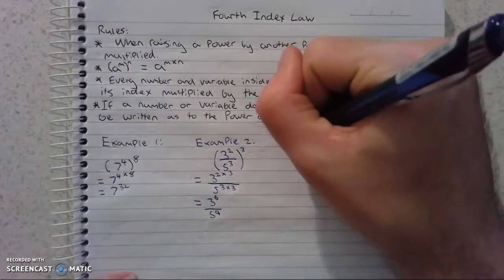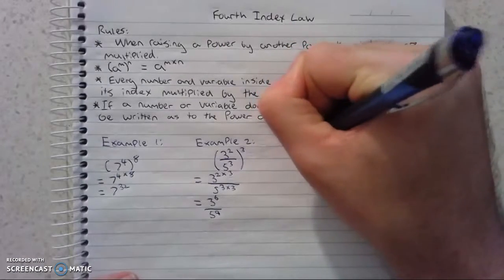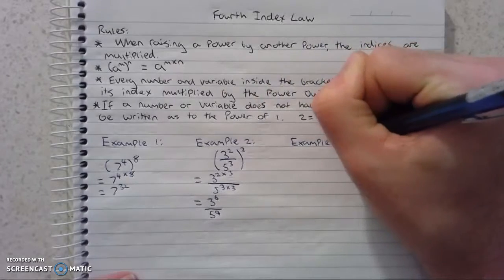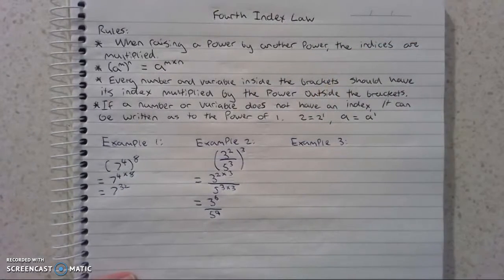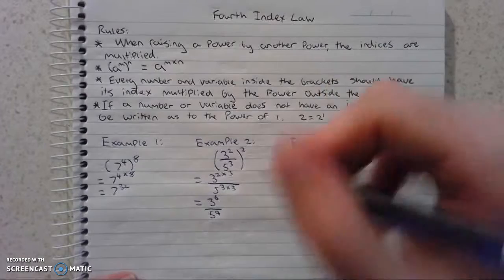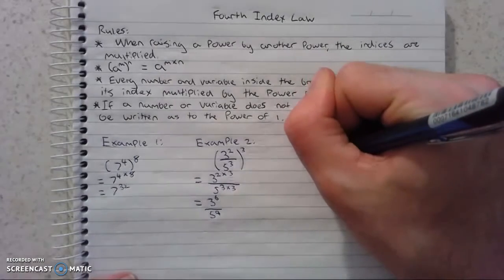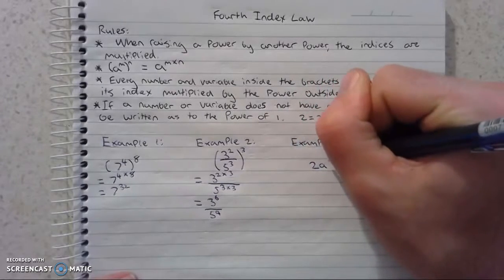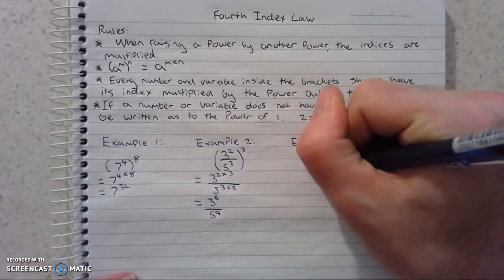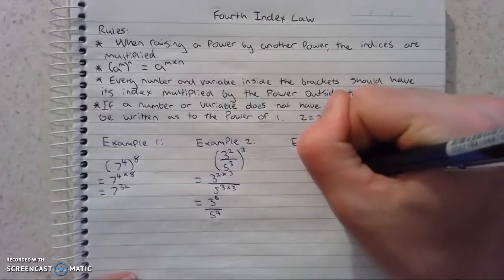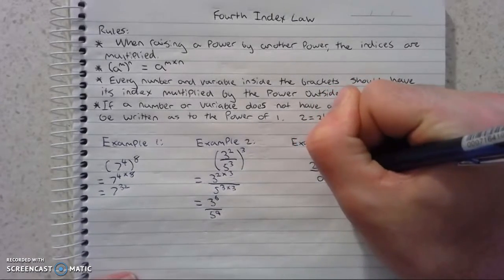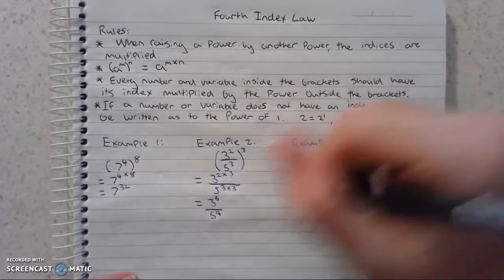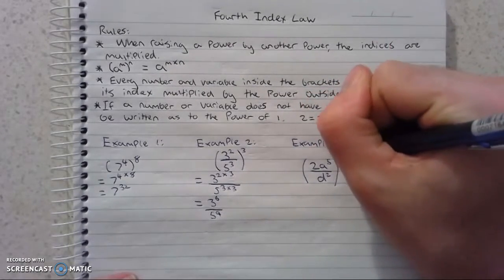For example 3, we'll do something a little bit different on top of that. We can do 2 as a coefficient, a to the power of 5, all over d to the power of 2, and we'll make that whole thing to the power of 3.